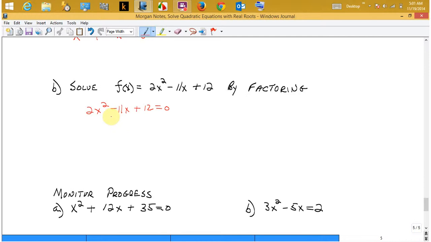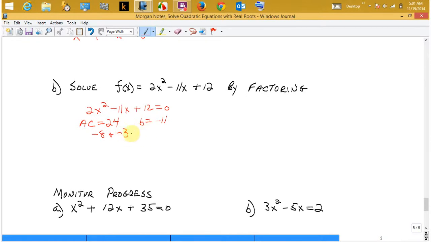So we've got AC would be equal to 2 times 12, that's 24. And my middle term is a negative 11. So I'm looking for two numbers that multiply to 24 and add to a negative 11. Well, that would be a negative 8 and a negative 3.